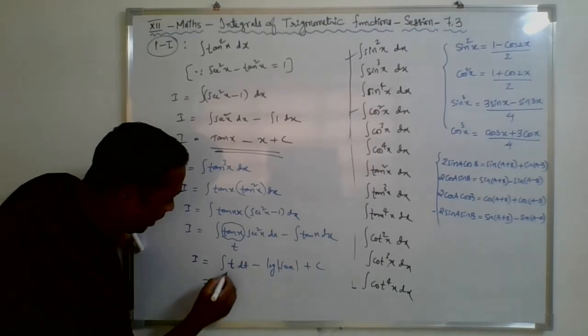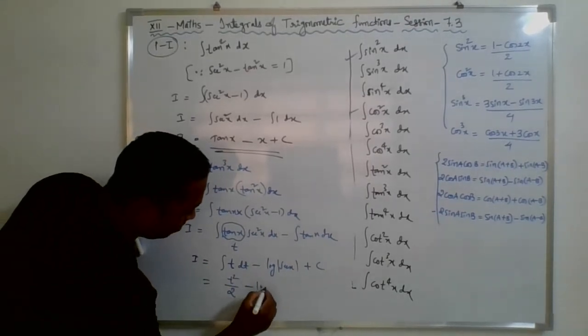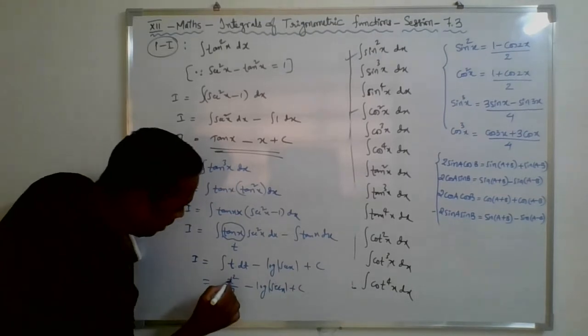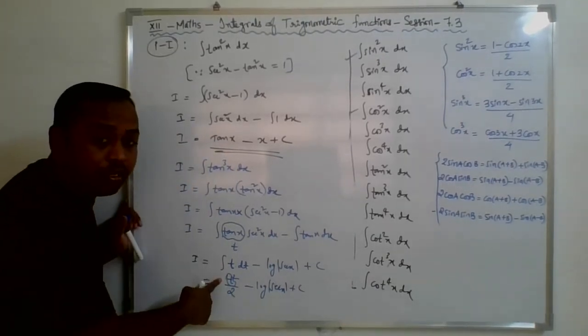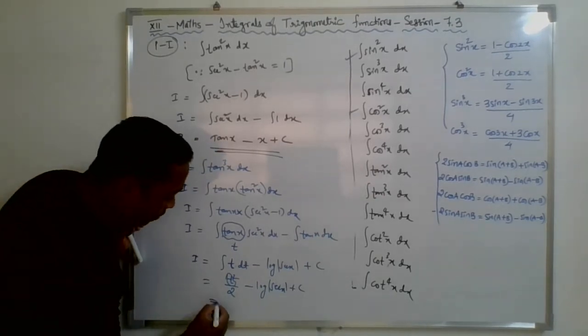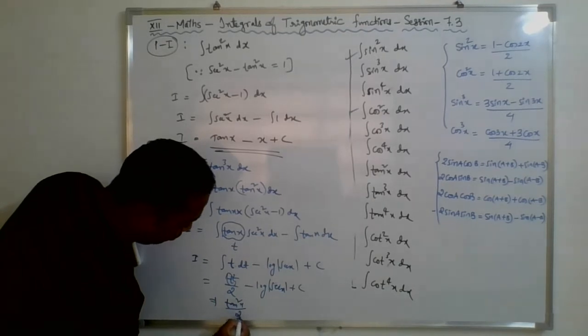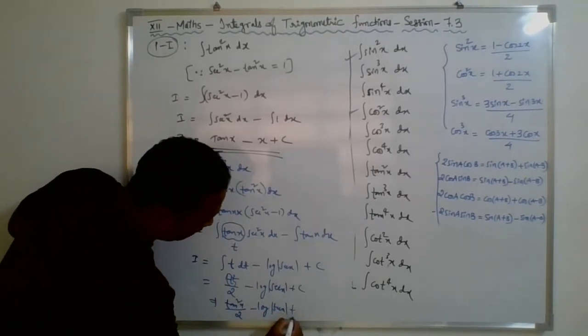The integration of t is t square by 2, minus log of sec x plus c, and again replace t with tan x at the end to get the final answer. So the final answer would be tan square x by 2 minus log of sec x plus c.